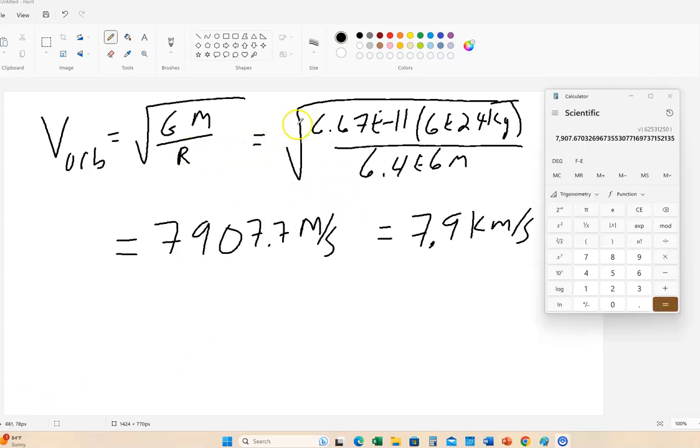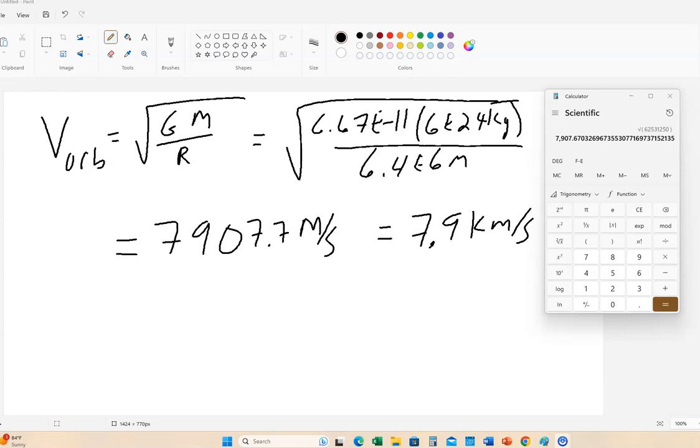I've rewritten this and done the calculation over here on my calculator. It's 7,907.7 meters per second, and then of course you divide by 1,000 to convert it, so it's just under 8 kilometers per second. So that's the orbital speed.